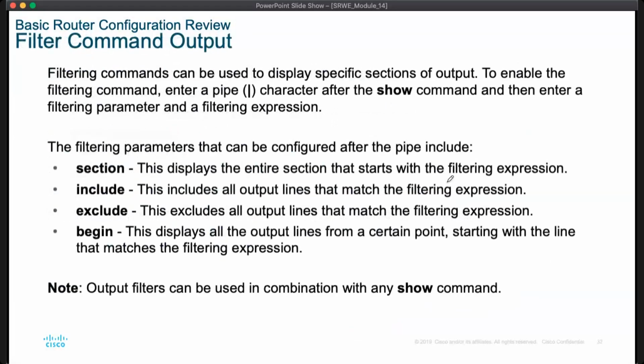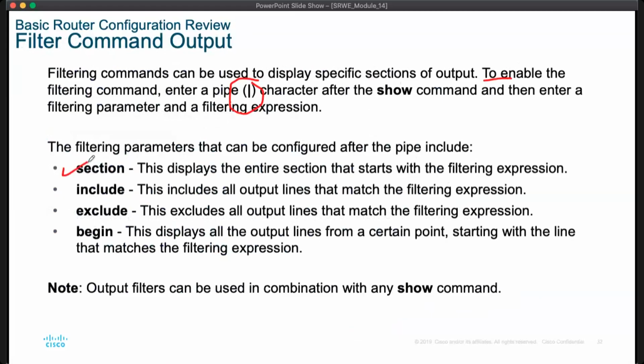Okay, filter command output. Filtering commands can be used to display specific sections of output. To enable the filtering command, enter a pipe character, this symbol they call a pipe, after the show command, and then enter a filtering parameter and filtering expression. The filtering parameters that can be configured after the pipe include section, which displays the entire section that starts with the filtering expression.